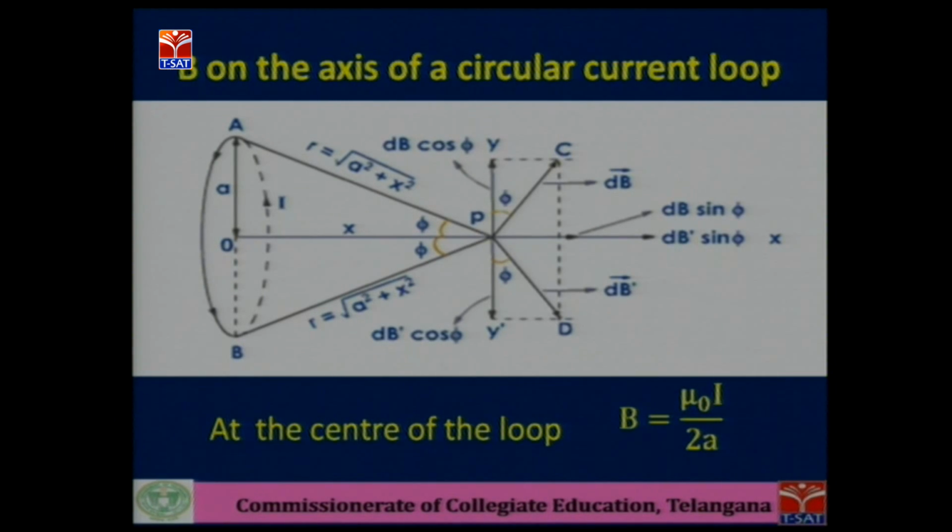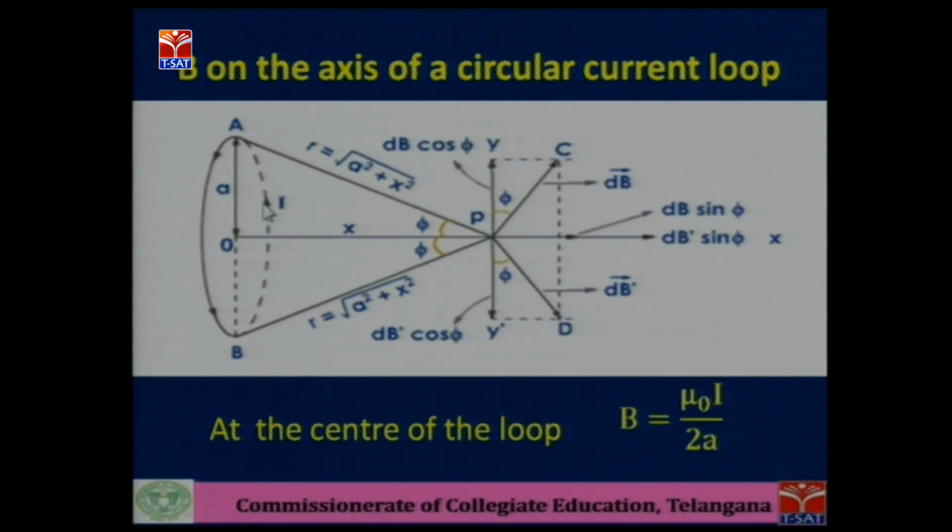One application is the magnetic field on the axis of a current loop. So here we see a current loop. Here AB is the diameter of the loop, and a is the radius of this circular loop, and this is the axis passing through the center of the loop.